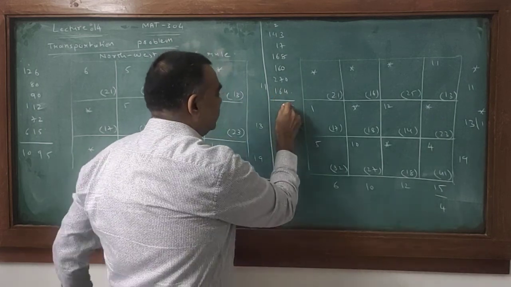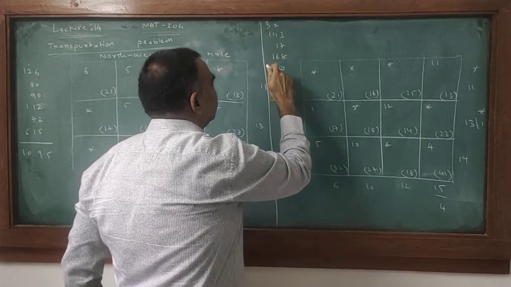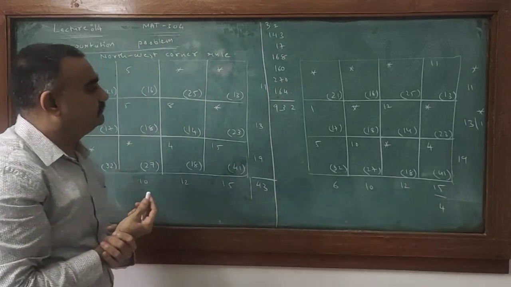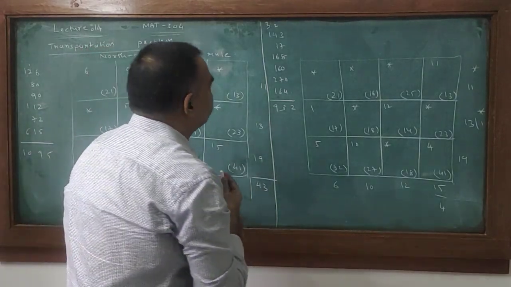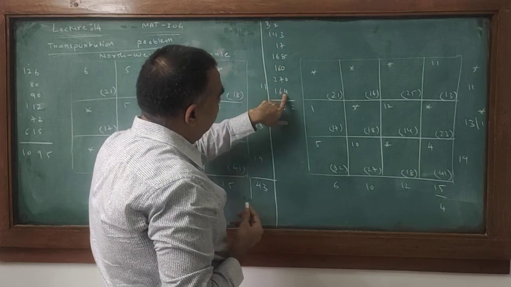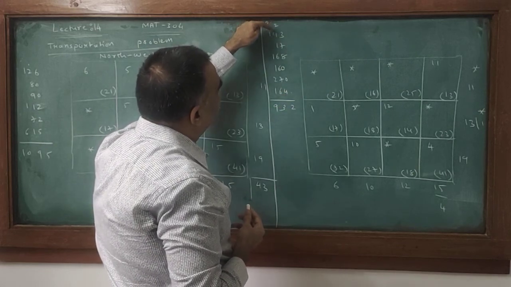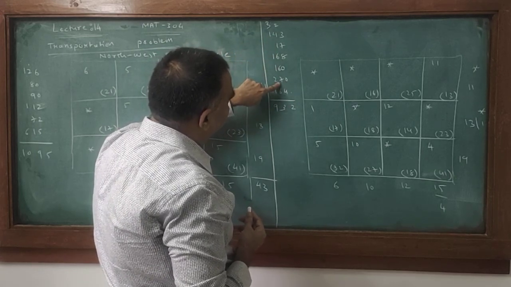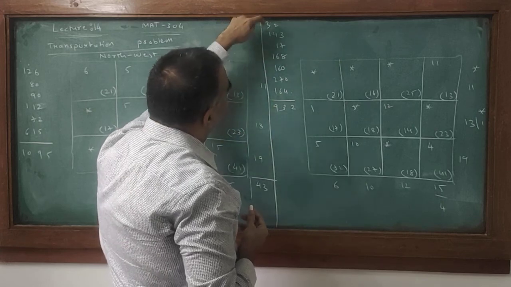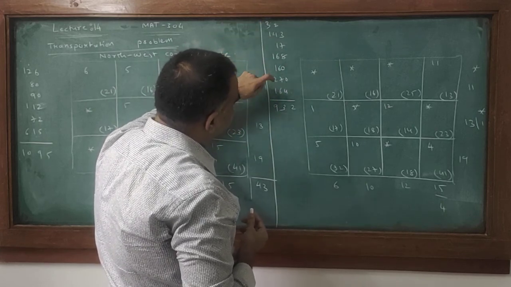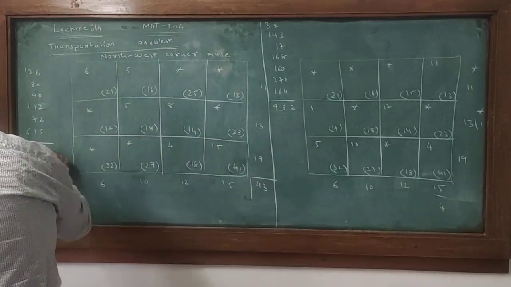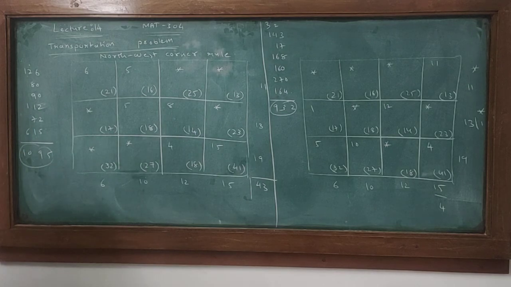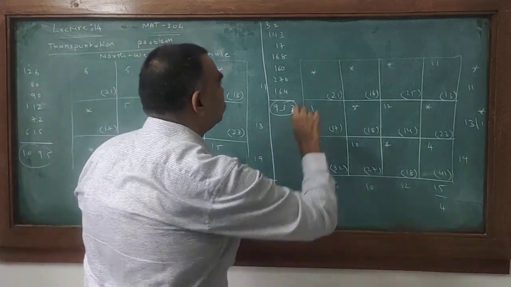Let's calculate once more. 10, 8, 18, 4, 22, 2. 6, 7, 14, 20, 27 and 6, 33. 4, 5, 6, 7, 8, 9. This is better than the previous one. And this was the minimum cost entry method.